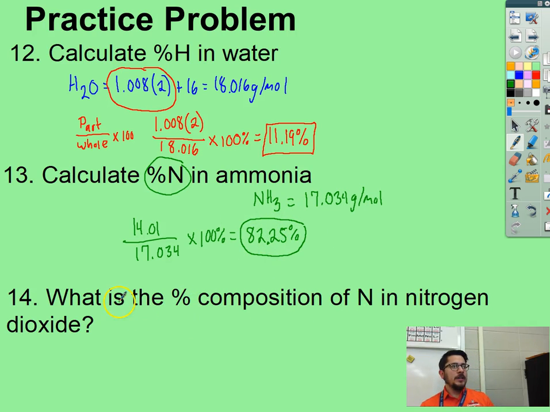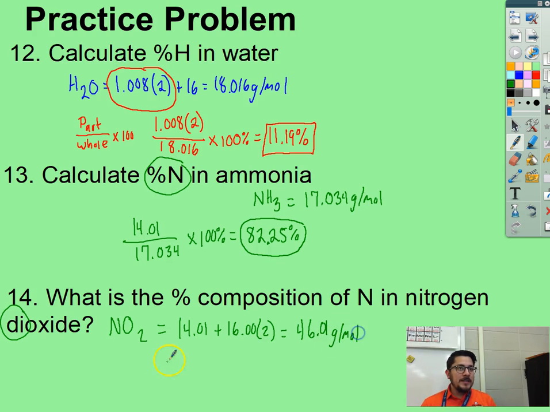And then the last one: calculate the percent composition of nitrogen in a different formula, nitrogen dioxide. That would be NO2, because it says dioxide, but we'll get into naming later. We won't cover that until we get closer to chemical reactions. But nonetheless, to get the molar mass, I have 14.01 plus 16.00 times 2. I got 46.01.